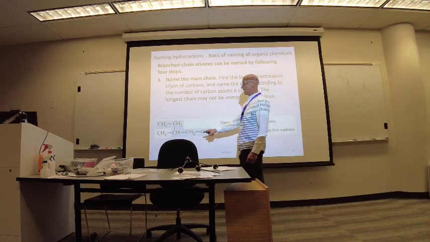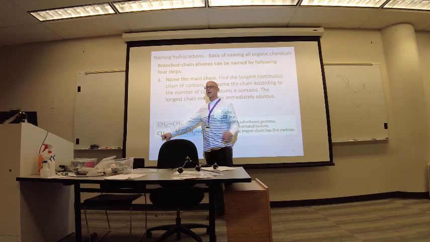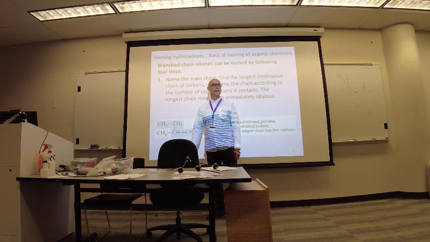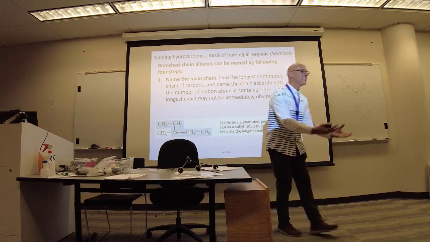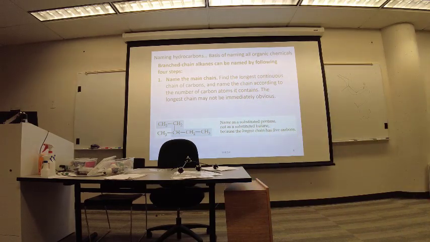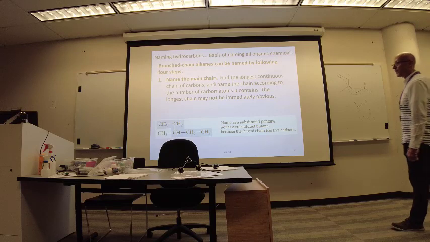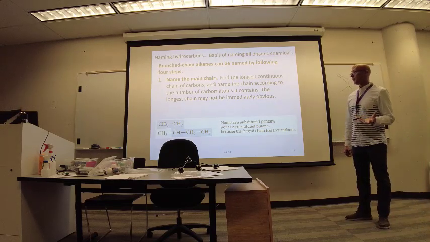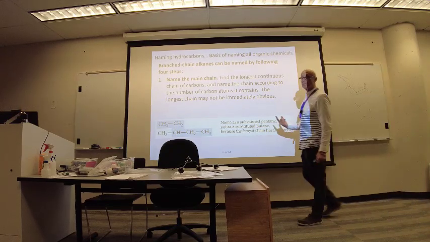And then this is a branch. And the branch group is called, on this one, anybody? Methyl. Thank you. You guys got this. It's methyl, right? Now, where is that methyl attached? Because you have a few places it could be attached.